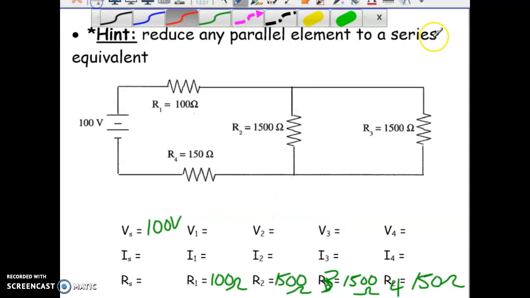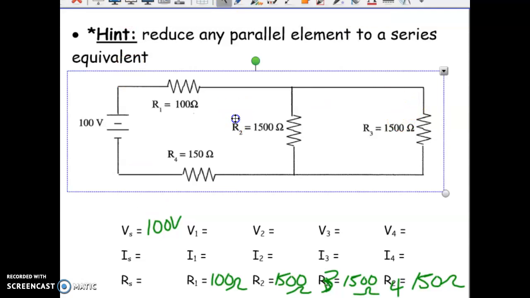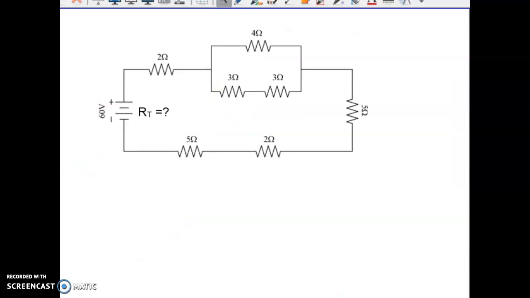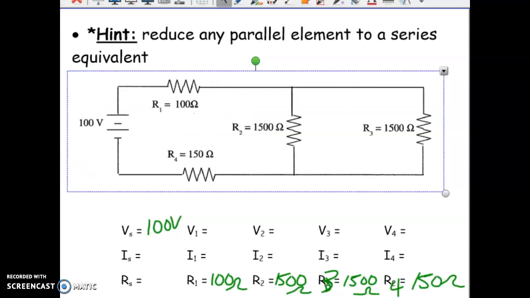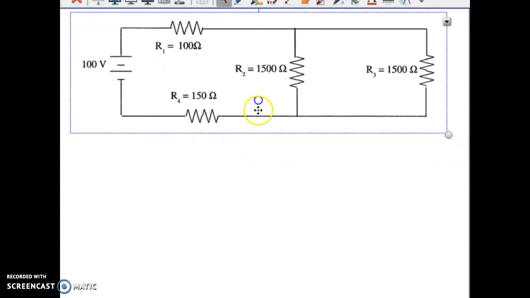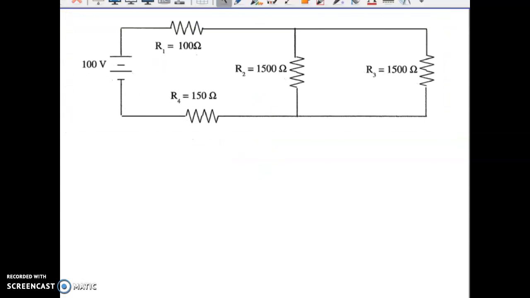So first, you know what I'm going to do? I'm going to take this picture and we're going to continue this on a new page. Okay. So our goal right now, what I'd like us to solve for first is RS. So RS is really going to be right over here.